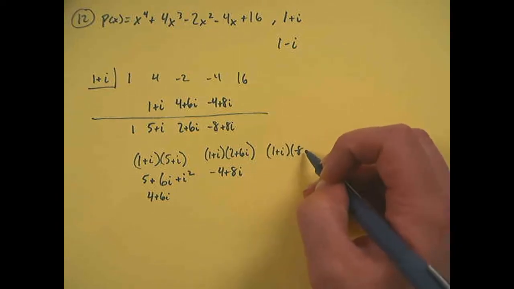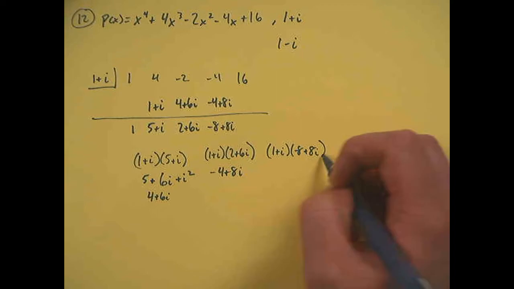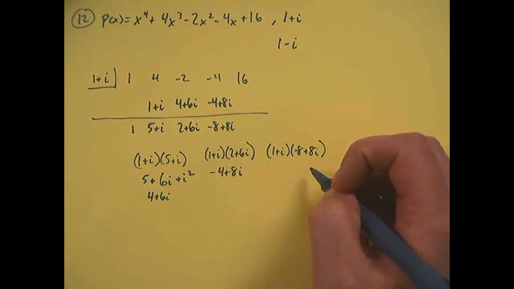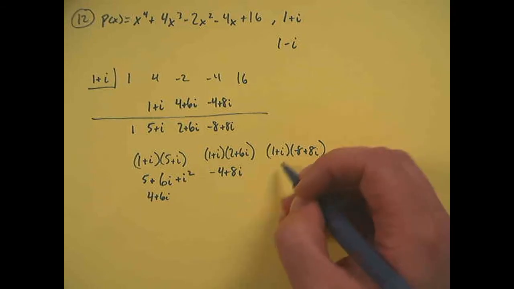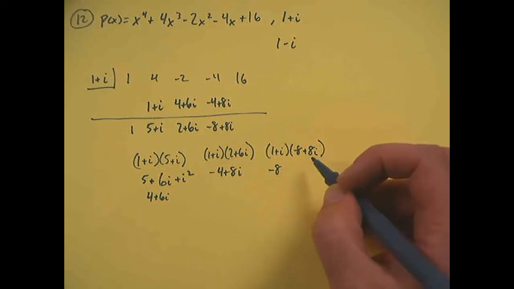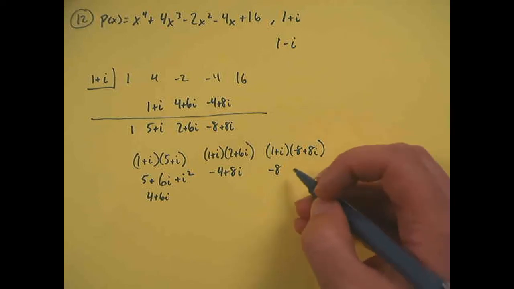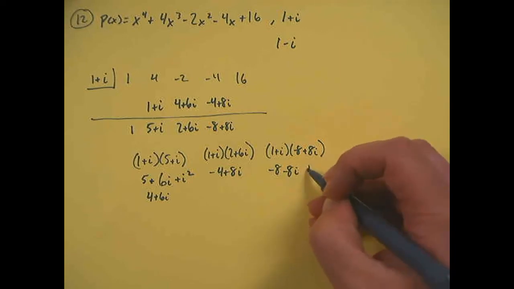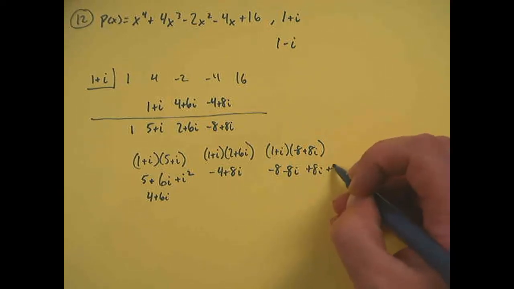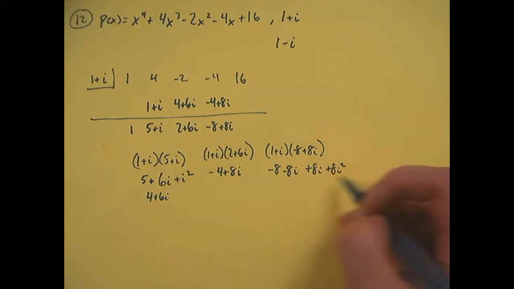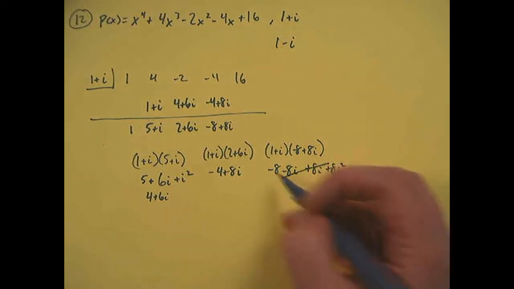So then we're going to multiply one more time, 1 plus i times negative 8 plus 8i. So multiplying that out, negative 8, and this one's going to work out a little bit nicer. Minus 8i plus 8i plus 8i squared.